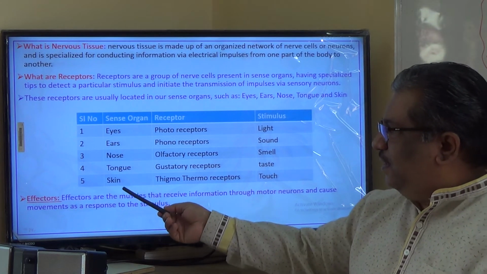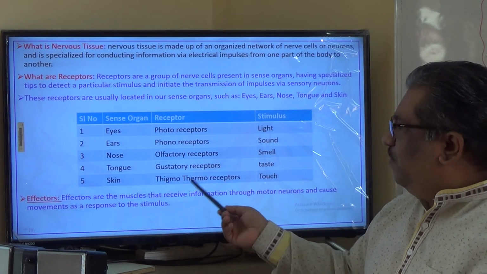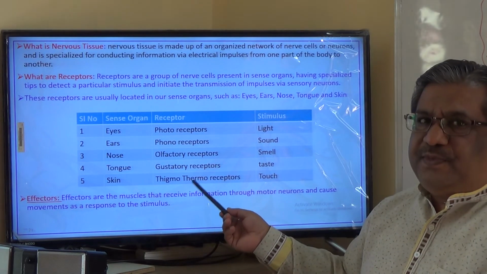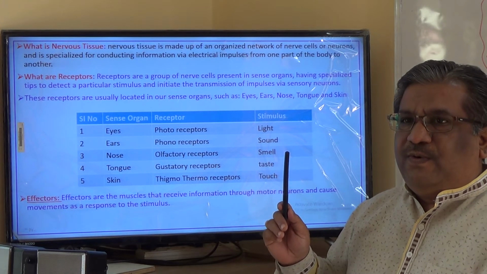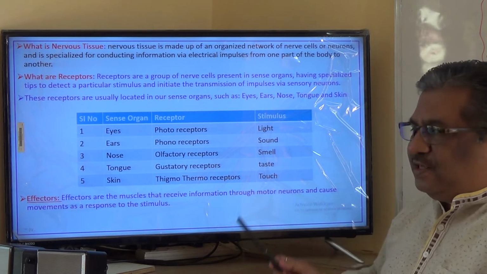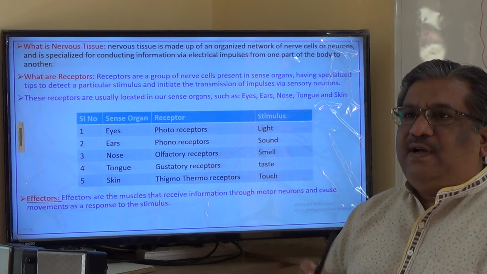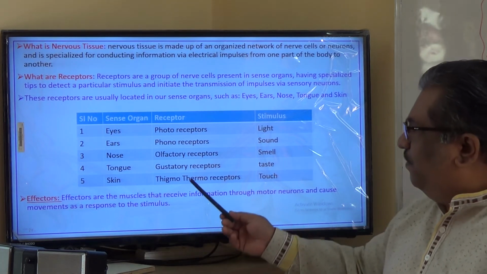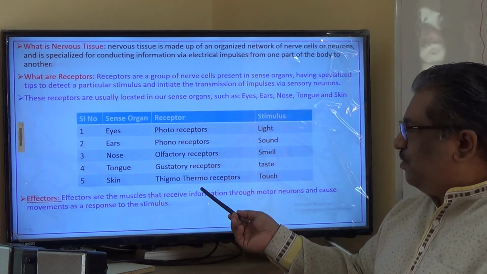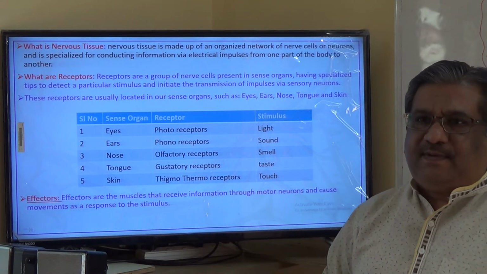Receptors present in the skin are called thigmoreceptors or thermoreceptors. What is their function? They sense touch and also hotness and coldness, and therefore these thigmoreceptors are also called thermoreceptors.